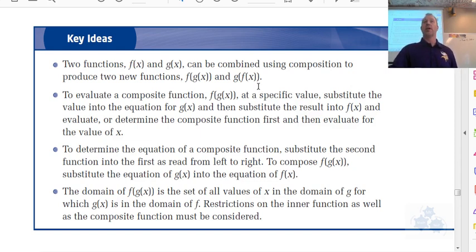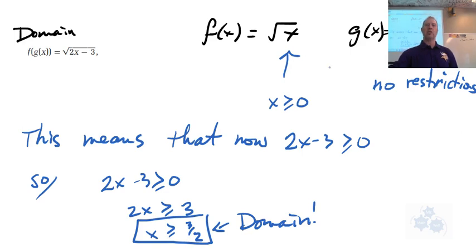Are there any restrictions there? Note those restrictions. Are there any restrictions on the larger function f of x? Note those ones as well. So basically it's kind of the same as overlapping, really. Let's take a look at this. If we had this as an example, f of g of x, f of x would be the root of something, and the g of x part would be that something.